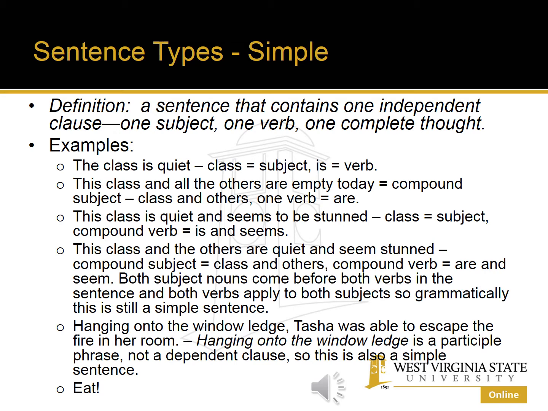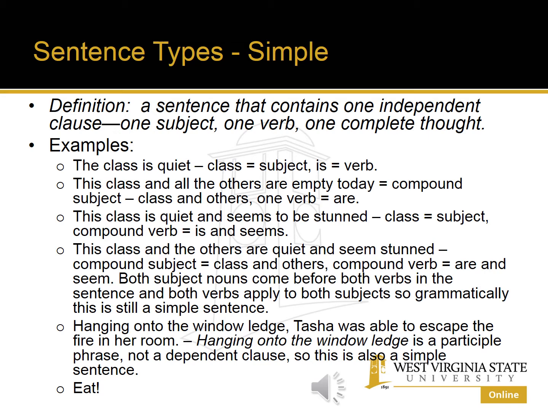The next example. This class is quiet and seems to be stunned. Here we have the reverse of the previous sentence. Here we have one subject and two verbs, two linking verbs. Class is the subject, and we have a compound linking verb, is and seems.